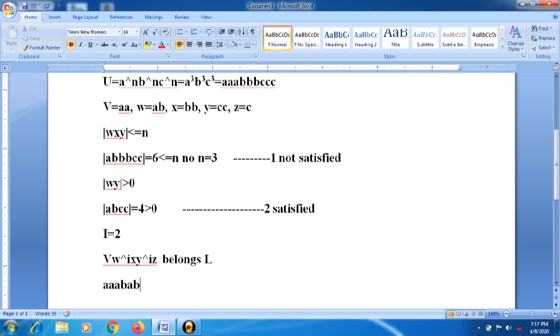Then x is as it is, bb, then y raised to i means cc raised to 2 means 4 values of c, and the last one is z. That string does not belong to the given language. So our third condition is not satisfied.